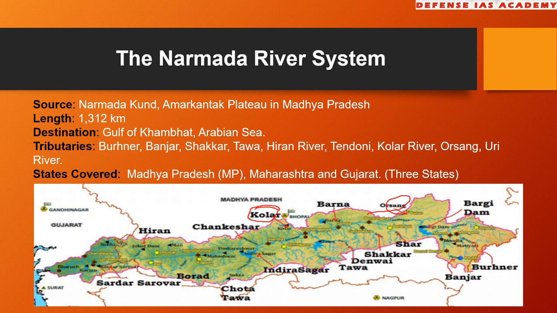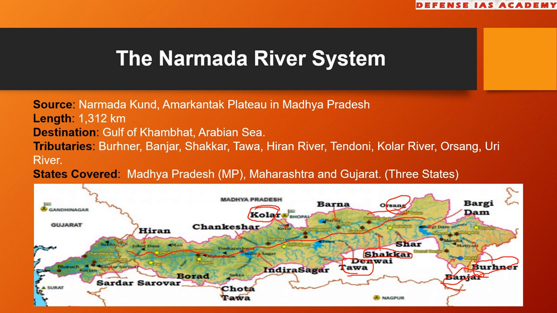It's like shown here: the Kolar, then the Orsang, then the Uri River, then the Banjar, the Burner, then Shakar, Tawa. Then you have so many tributaries coming up, but we are listing only the major ones over here.